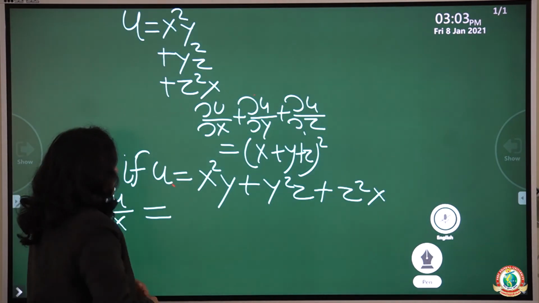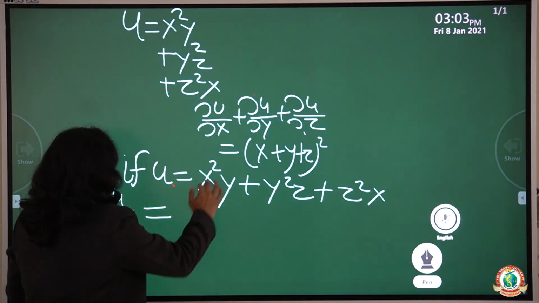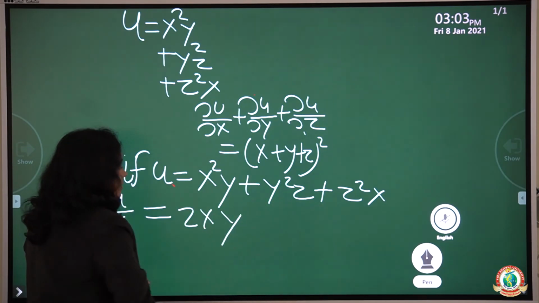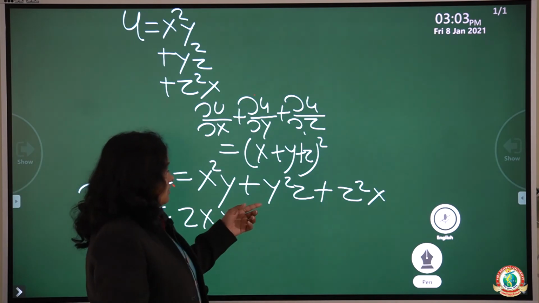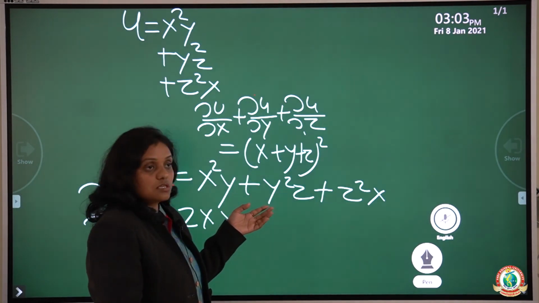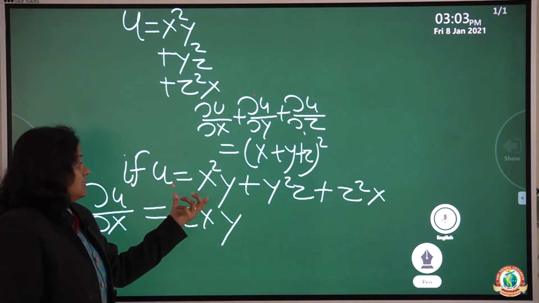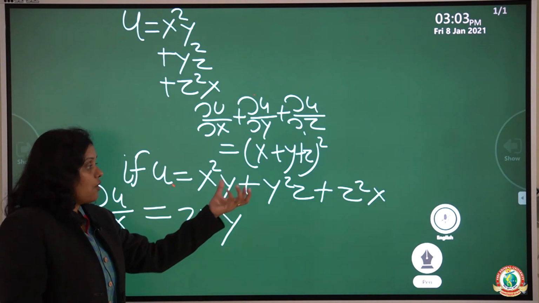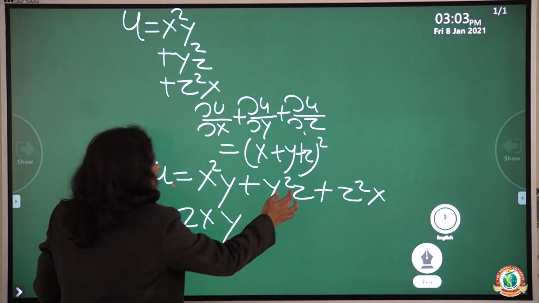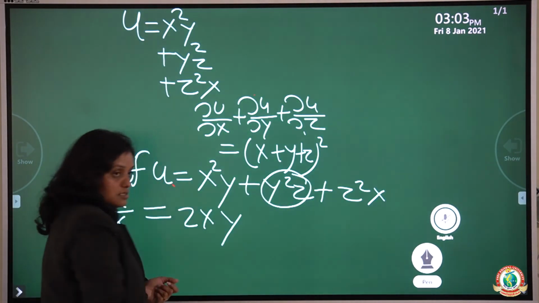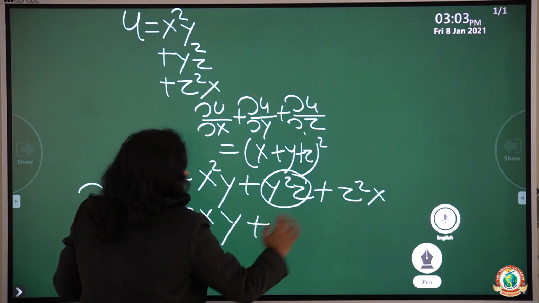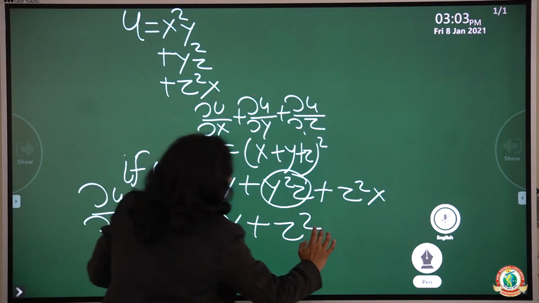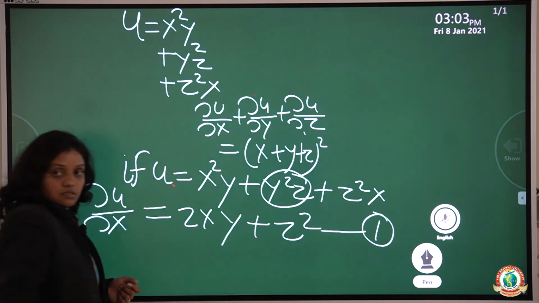So the differentiation of this equation with respect to x is 2xy, and according to the definition of partial differentiation, when we differentiate any function with respect to x, then we consider all other variables constant. So that term is 0 and this is z square. This is the first equation.